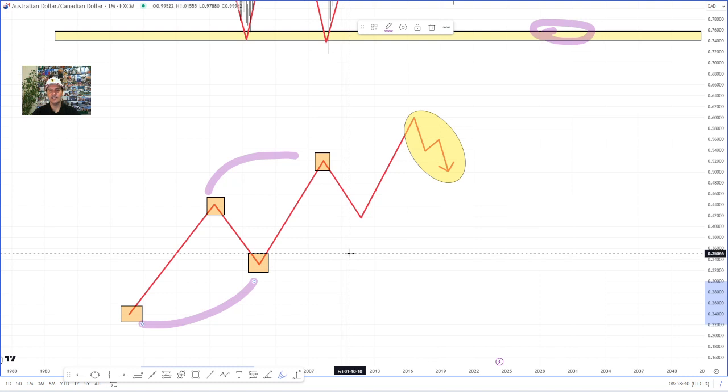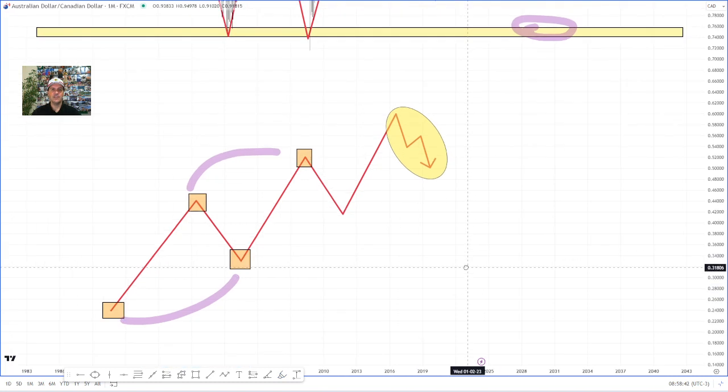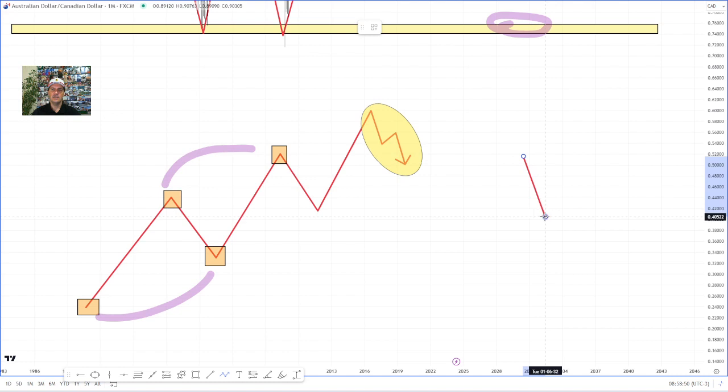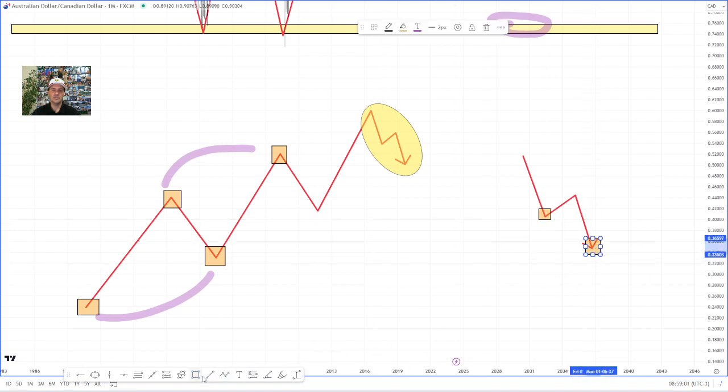And to confirm a downtrend we need a minimum of 2 lows and 2 highs, where the second low is a lower low and the second high is a lower high. Remember? Those are the rules. Okay?